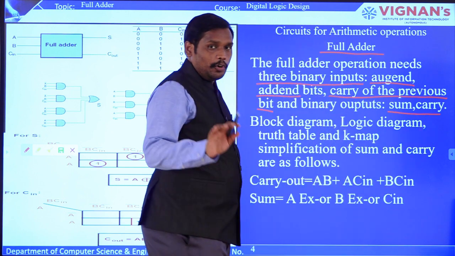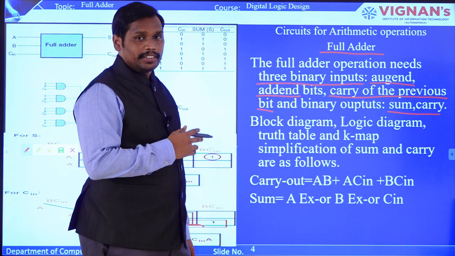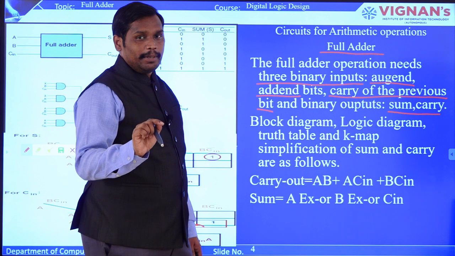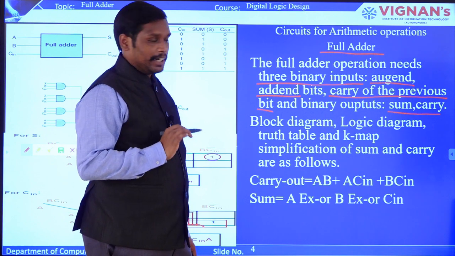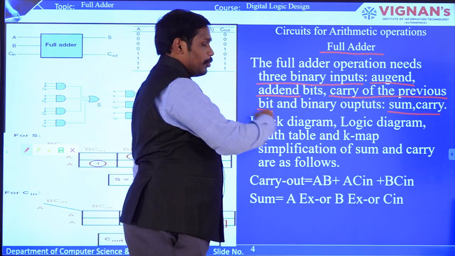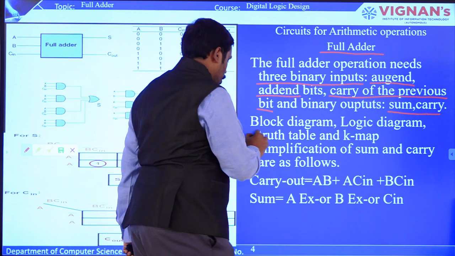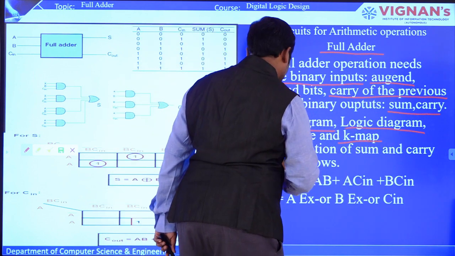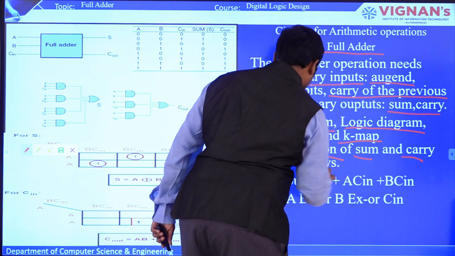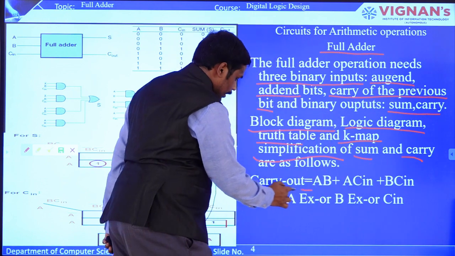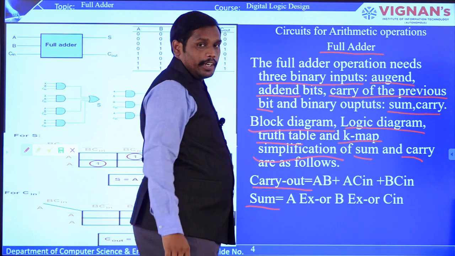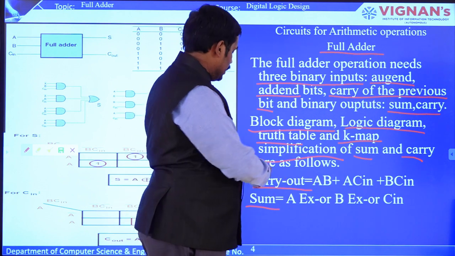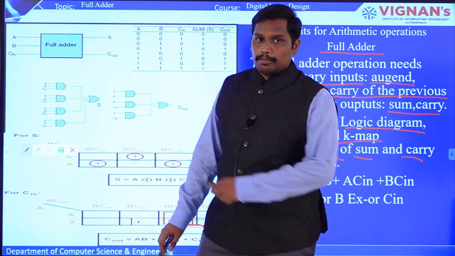Same as the half adder, the outputs are the same, but here you are going to add a third bit. You understood the importance of the third bit, right? This is how you are going to have a full adder. The block diagram, logic diagram, truth table, and K-map simplification of sum and carry are as follows. You can see here the carry out and sum. Carry out is an output and sum is the sum that you are going to extract.